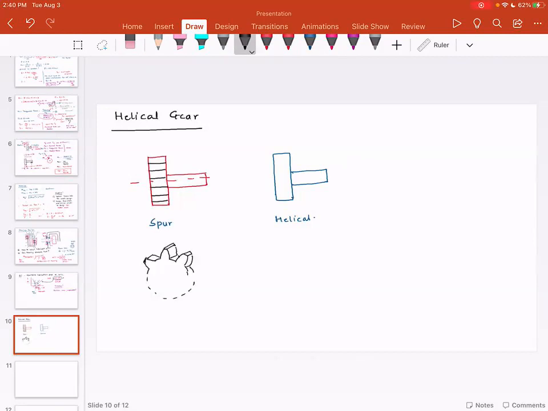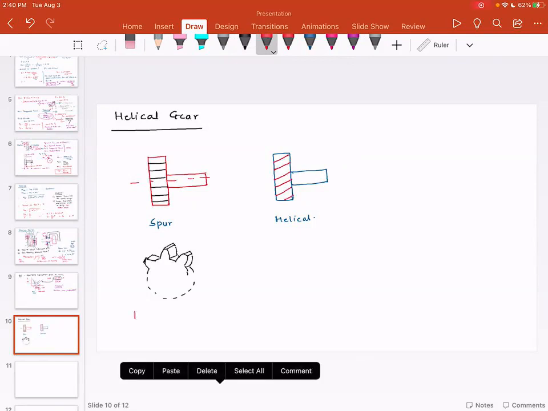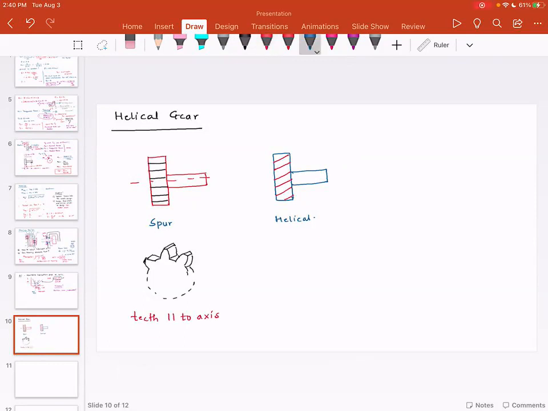On the other hand, if you look at the helical gear, the teeth are cut at an angle. So for the spur gear, teeth are parallel to the axis, and for the helical gear, teeth are at an angle.